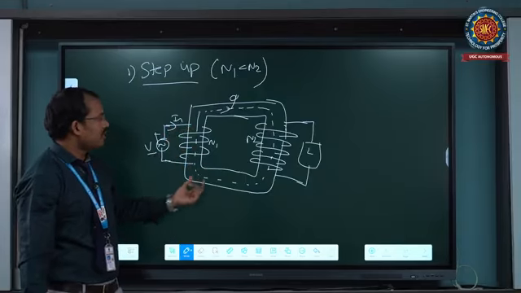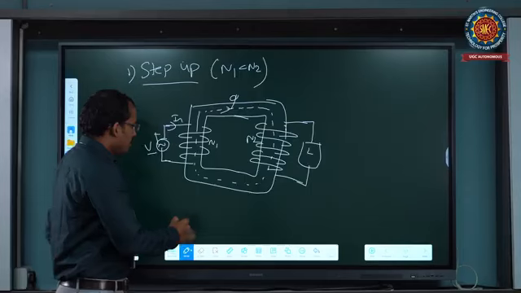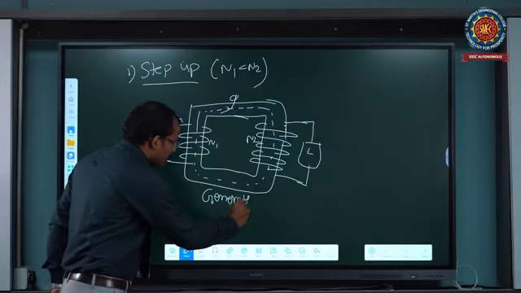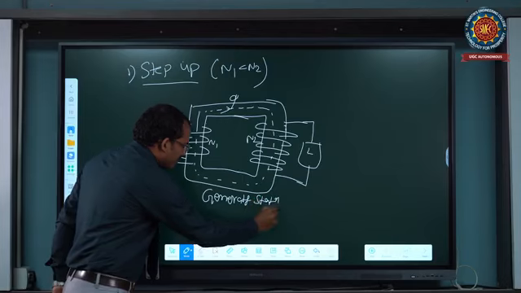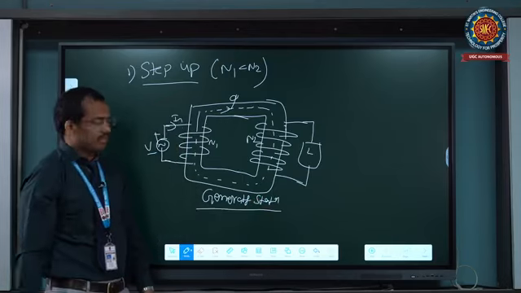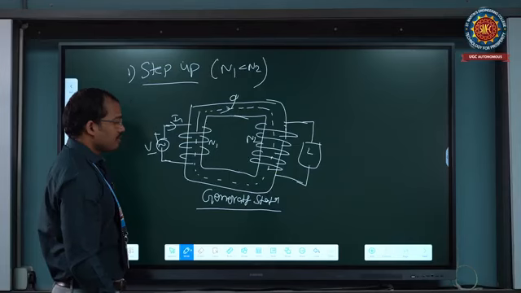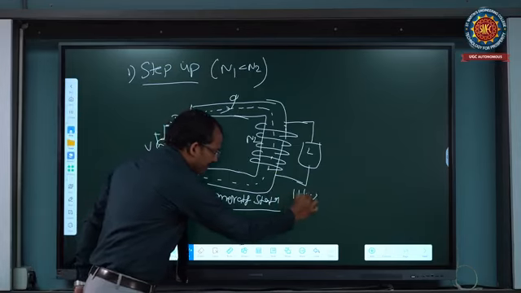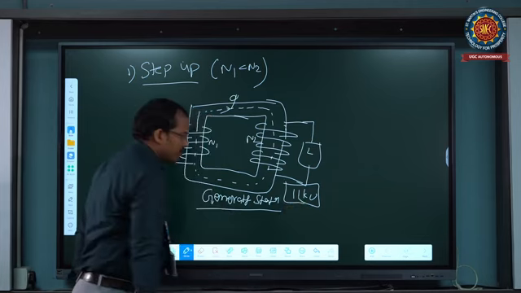This step up transformer is used at generating stations, where we are increasing the voltage levels. Generating stations generate 11 kV or 13 kV.